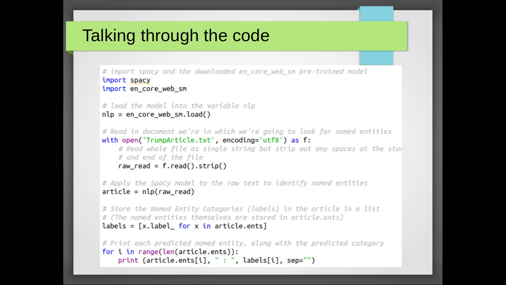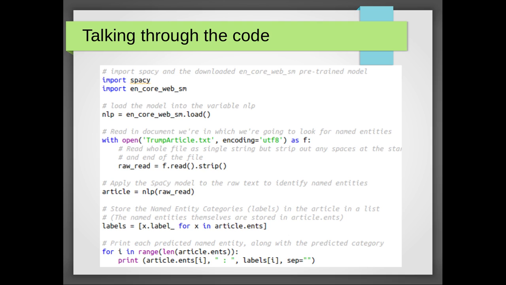This is standard nomenclature when dealing with SpaCy, that they call the outputs of the model articles. So I've just called it article equals NLP, which, remember, is the model we've loaded in, our core model in this case, and the only input I'm giving to that is raw read. In other words, the raw dump of the text that I want to parse and look for named entities. So that single line will do everything you need it to.